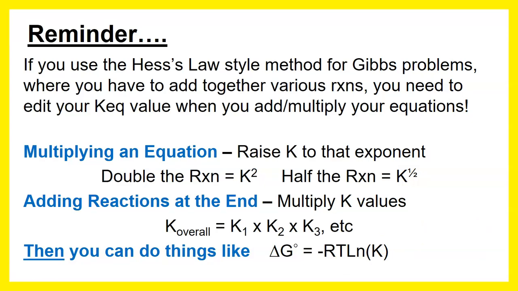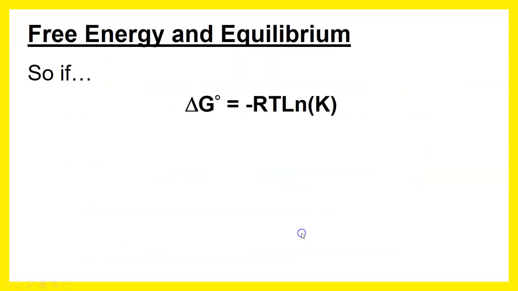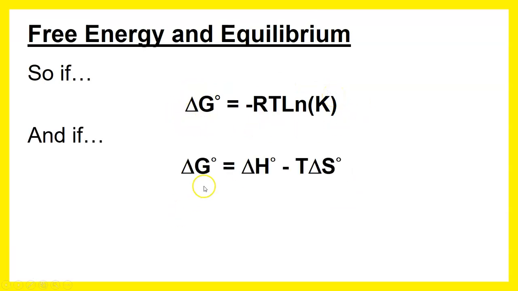Let's look at another manipulation of this that we can do. Now we know we have this Ratlink equation, and we know the Gibbs-Helmholtz equation. And if those both equal delta G naught, can't I set them equal to each other?